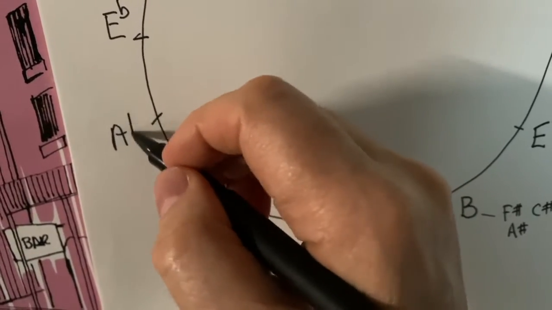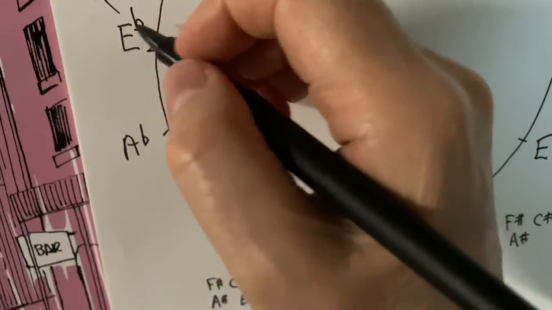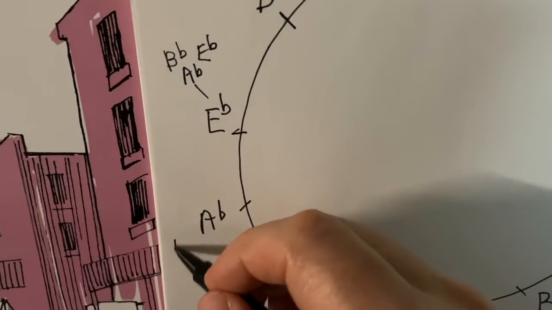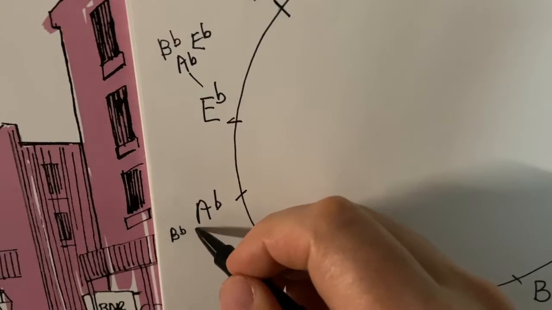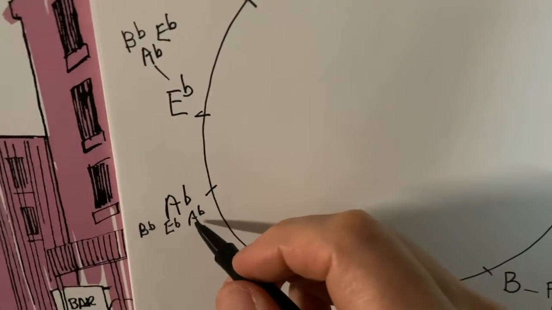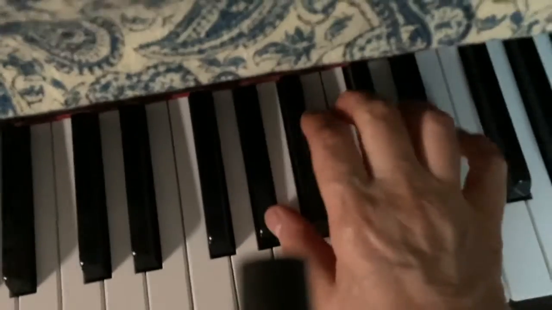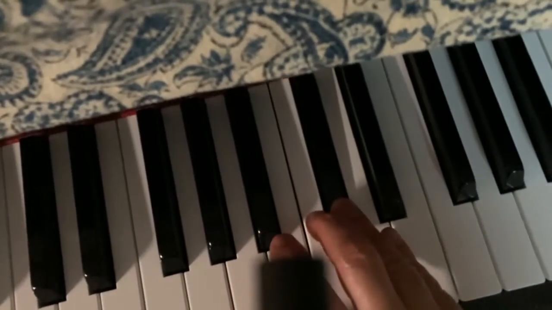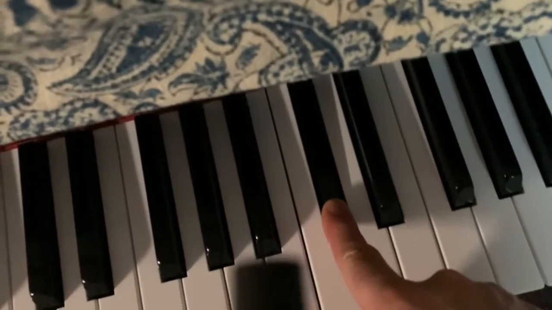the key of A flat. What does the key of A flat have in it? It's got B flat, E flat, A flat, and up a fourth from A flat is the one we have to add. A flat, whole step, half step. What flat is this?